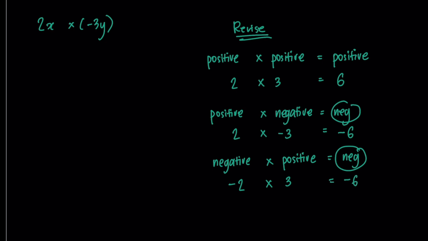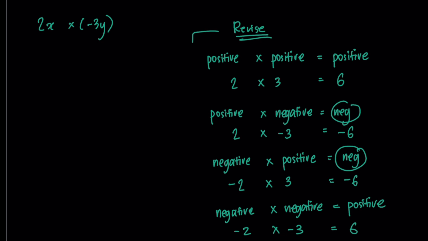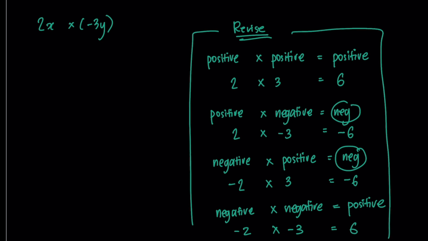And lastly, if you have a negative and you times that by a negative number, then the answer becomes positive. So for example, if you have negative 2 times negative 3, then the answer becomes positive 6. So keeping this in mind, we can simplify algebraic products.